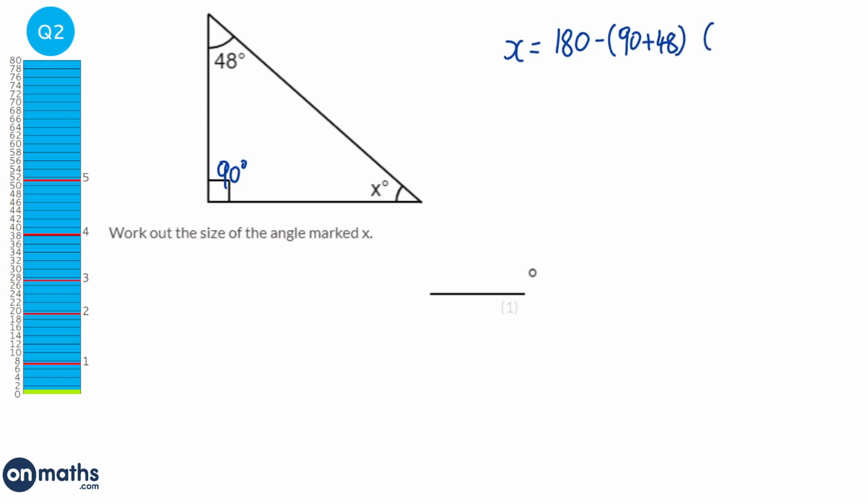And in brackets we say the reason: angles in a triangle add up to 180 degrees. So we do 180 take away 90 plus 48, and you get 42 degrees.